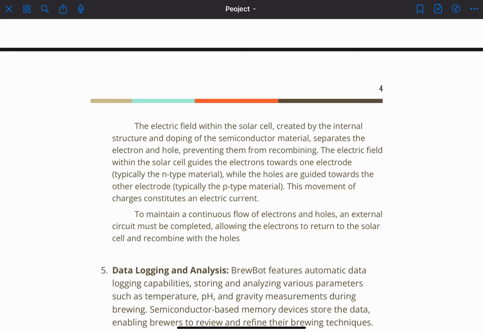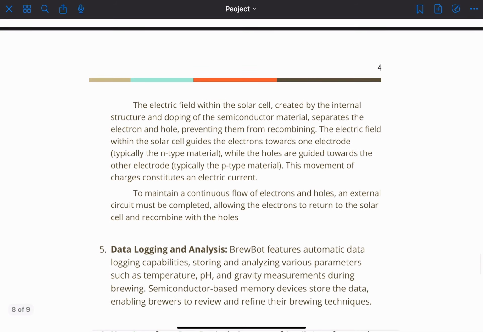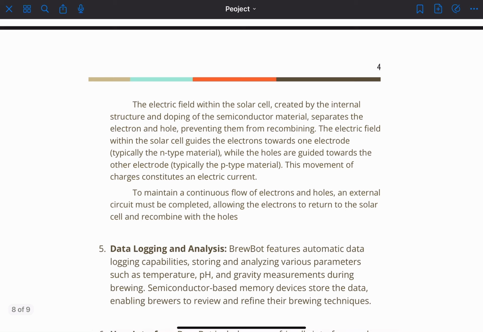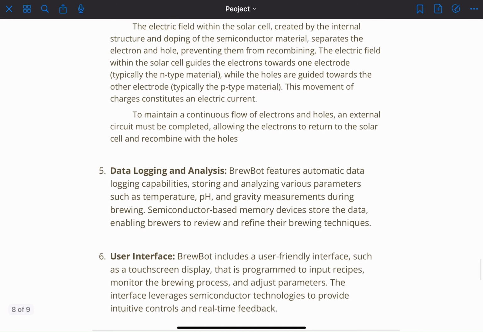This movement of charges constitutes an electric current. So the final step, to maintain a continuous flow of electrons and holes, an external circuit must be completed, allowing the electrons to return to the solar cell and recombine with the holes once again.